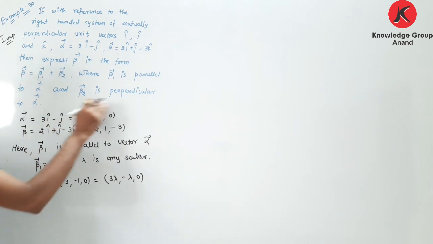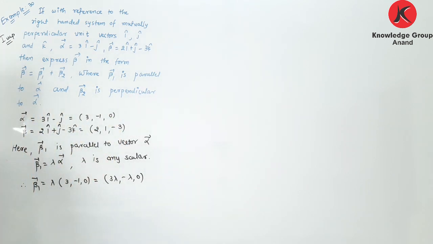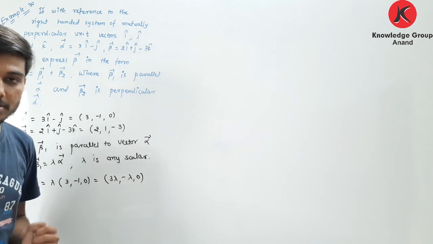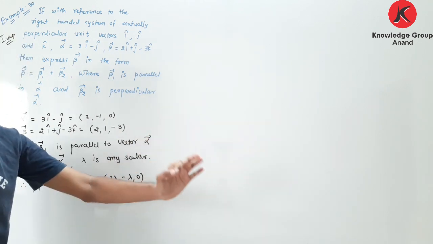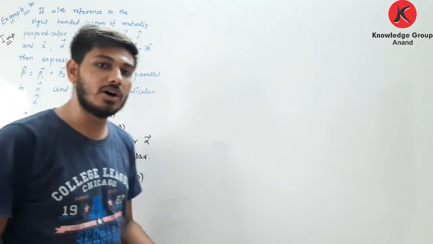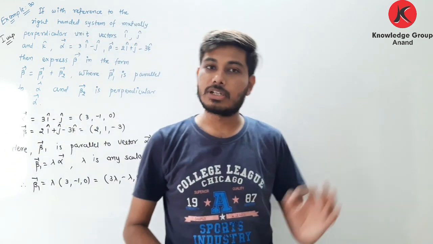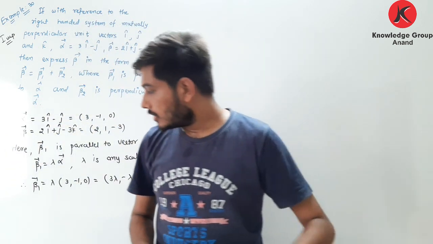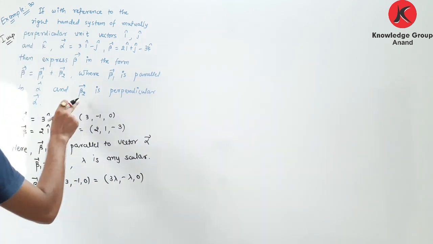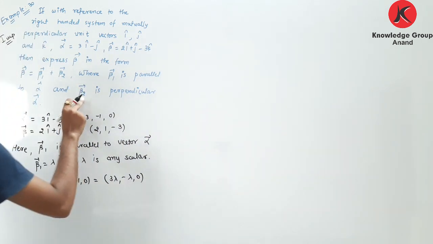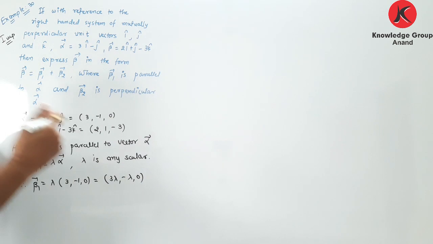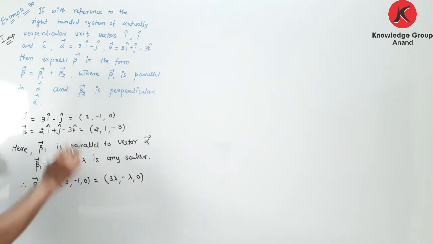Now see here, beta 2 is perpendicular to vector alpha. So we can represent the scalar product of beta 2 and alpha vector, beta 2 dot alpha, as equal to 0. Therefore, first of all, we have to obtain the beta 2 vector in some variable, or we have to assume the beta 2 vector in the form of variables.